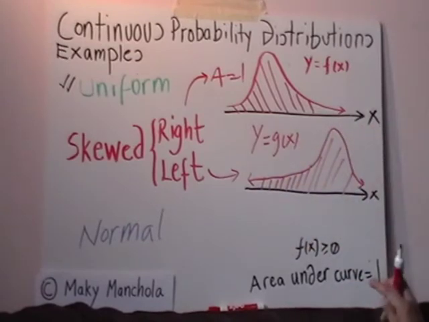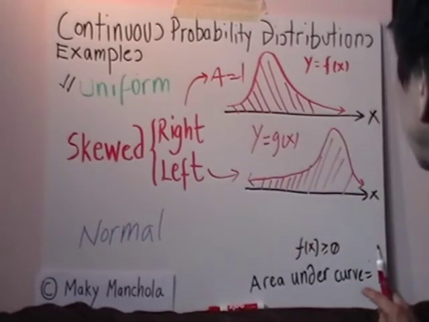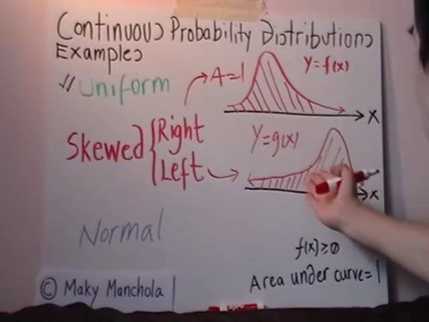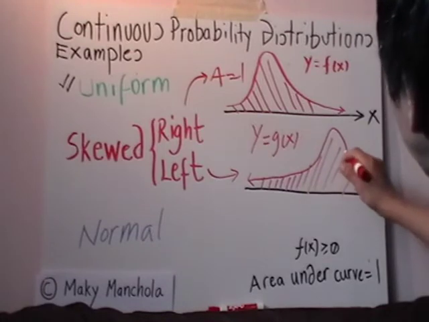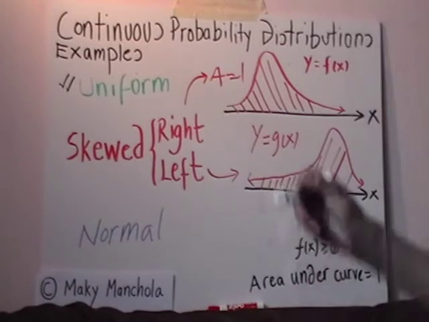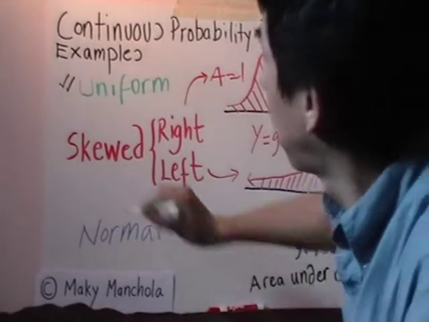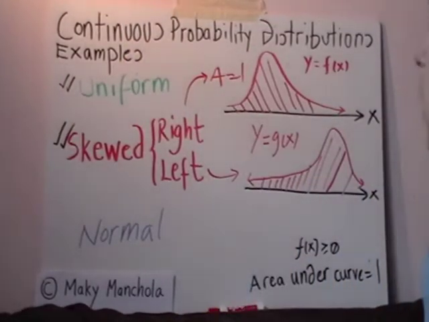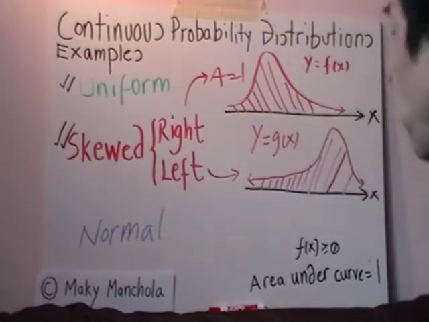Yes, that graph is above the x-axis, so that condition is met. Whatever the formula for g of x would be, it needs to give area under the curve equal to 1. So here are our two picture examples of skewed continuous probability distributions.